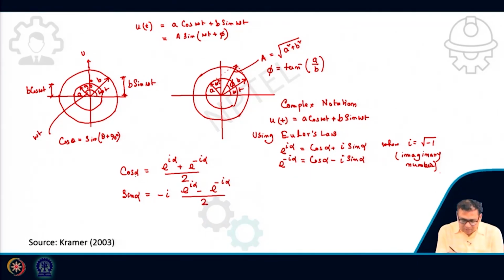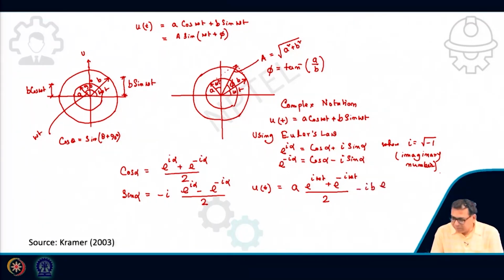Now, if I put these cos alpha and sin alpha values in this equation, then finally u(t) can be expressed in the form of A, where alpha is basically equal to omega t. So, it will be A times e to the power i omega t plus e to the power minus i omega t divided by 2, then minus i B times e to the power i omega t minus e to the power minus i omega t, divided by 2.